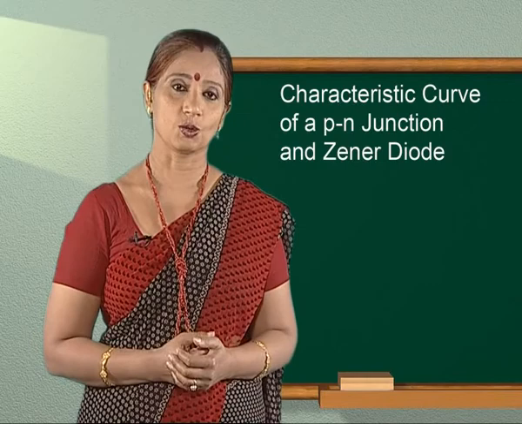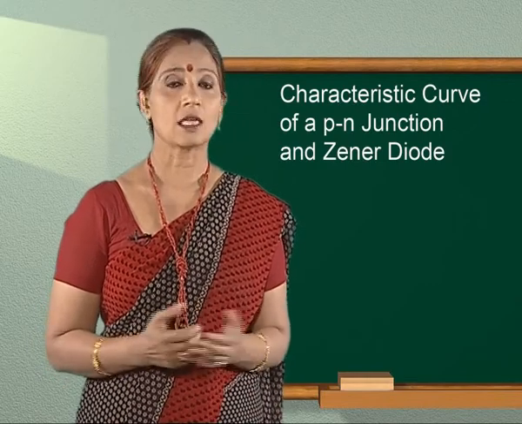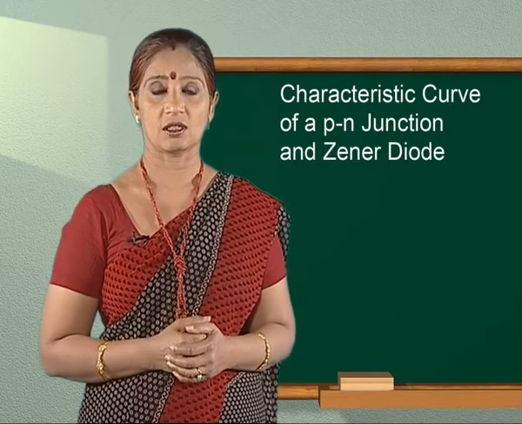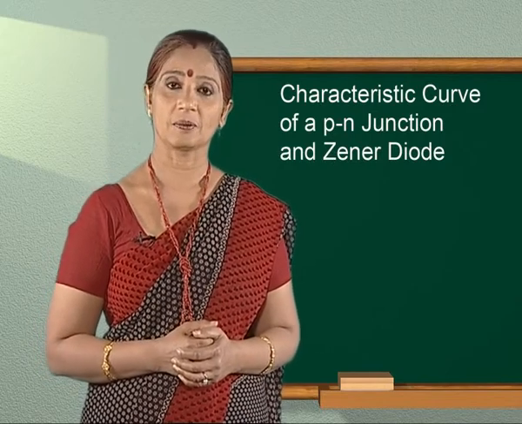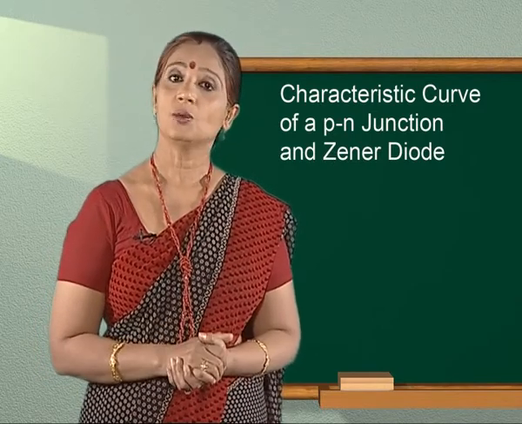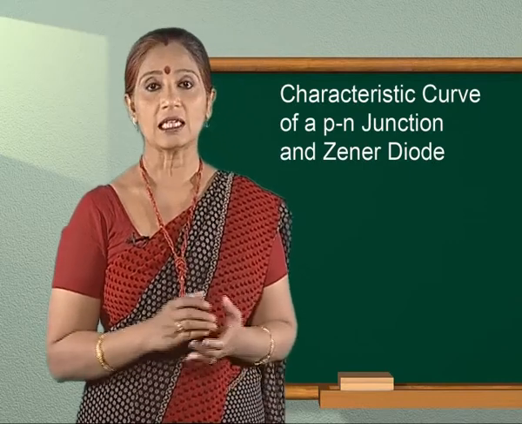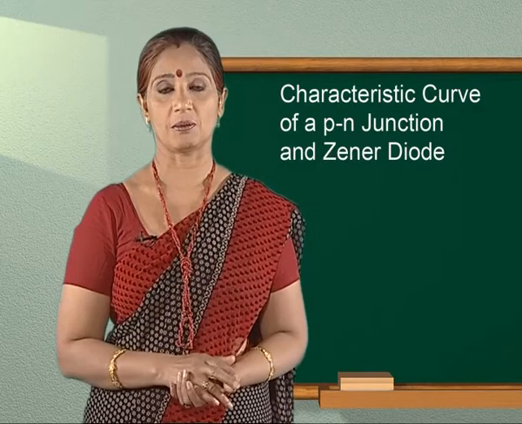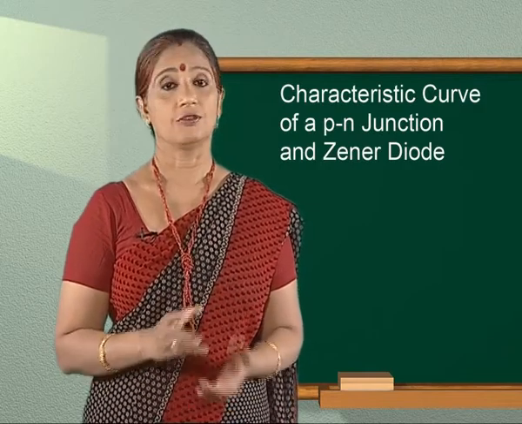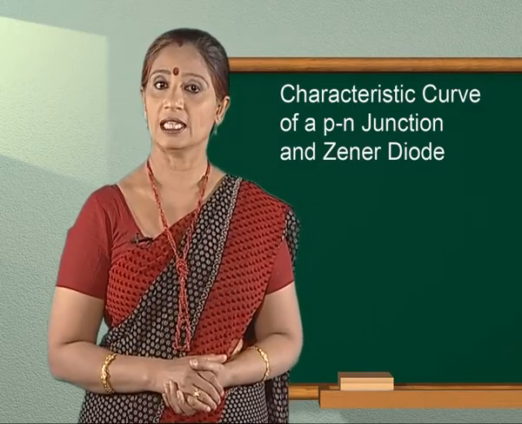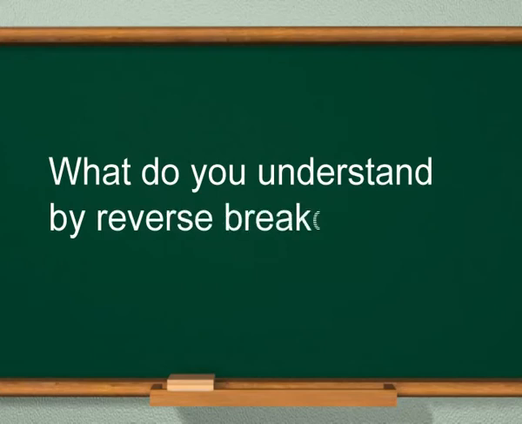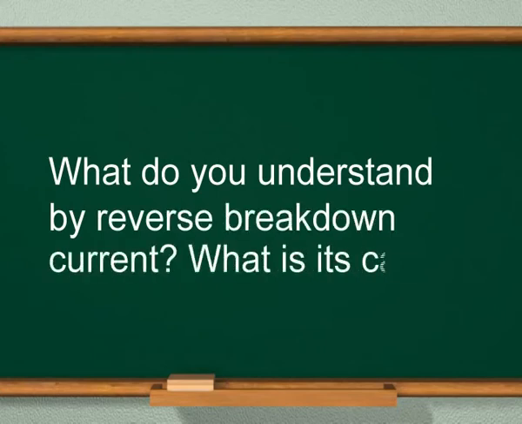As you know, students, practicals are always associated with oral questions known as viva. I will now put some questions that can be presented in viva for these experiments. The first of the questions is: what do you understand by reverse breakdown current?